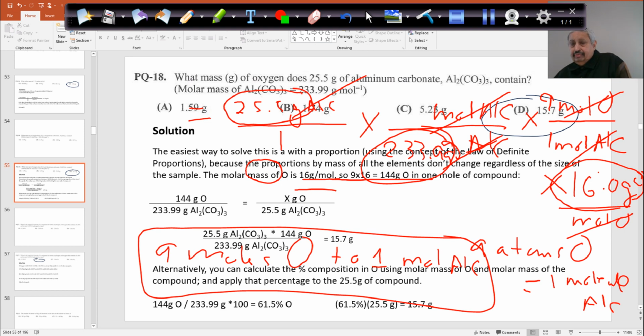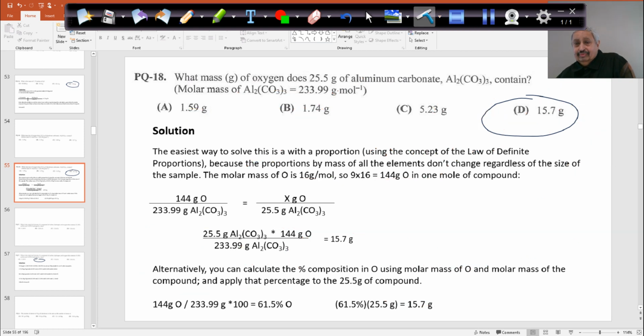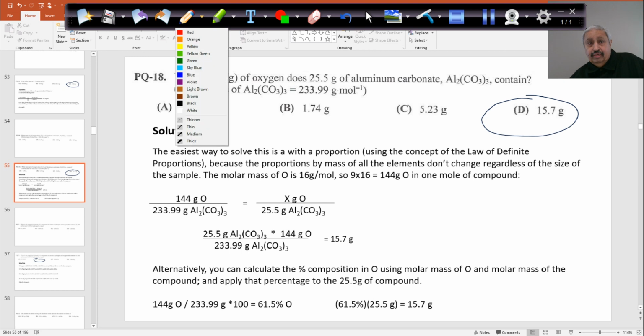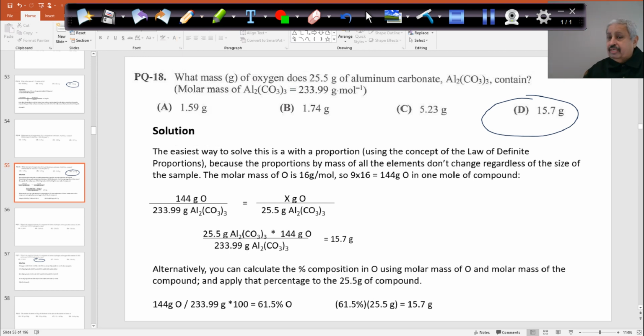You want me to do it again? Let me do it again for you here. This is another ratio, but I did the ratio that makes the connection. You can make a ratio, or you can do the same thing we did.